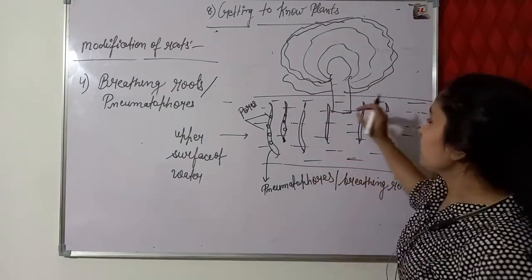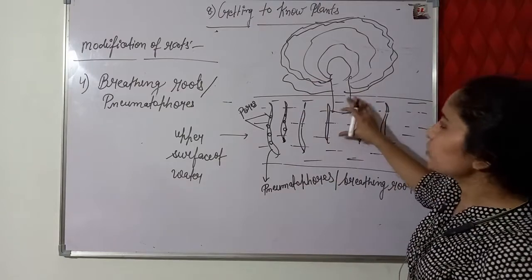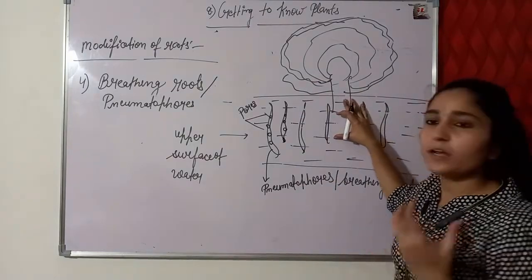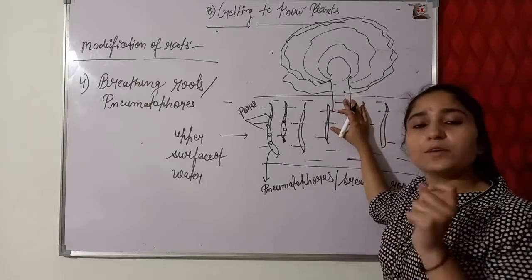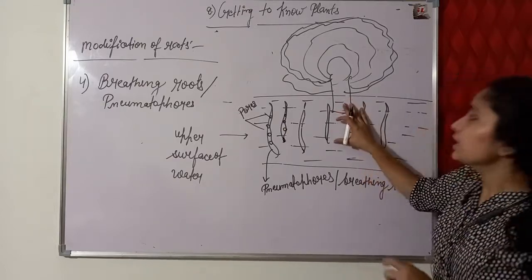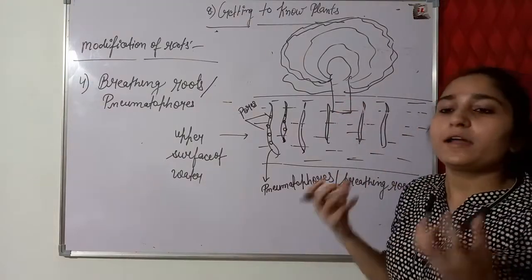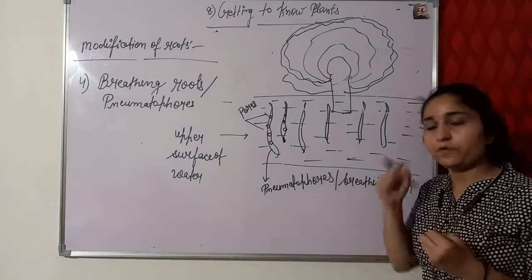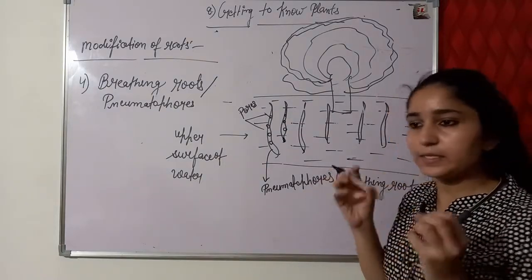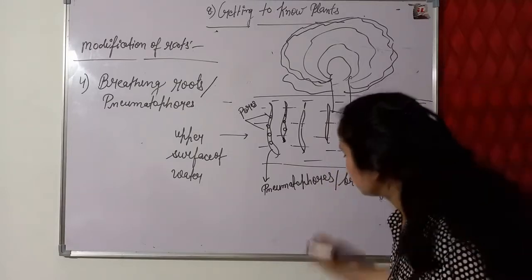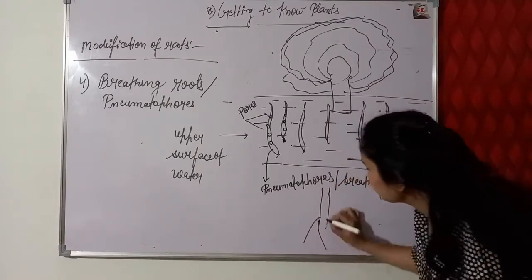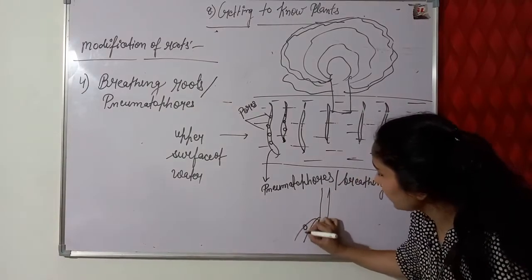Because of this reason, the roots of trees do not have much air, and the roots in these areas are not capable of breathing from the soil, because air is not present between the soil particles. Such as this is a plant, and there are soil particles.